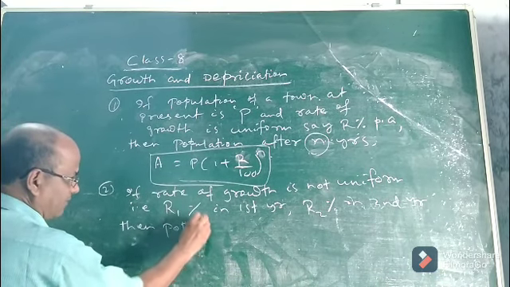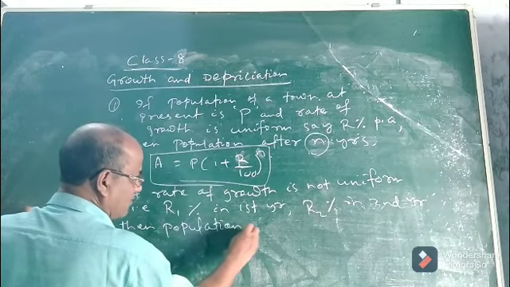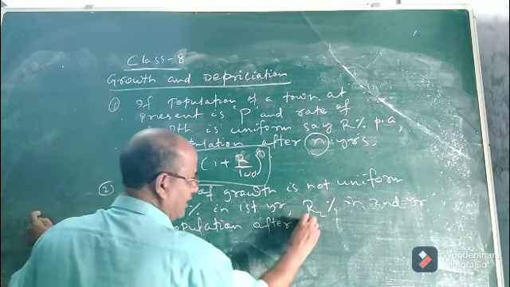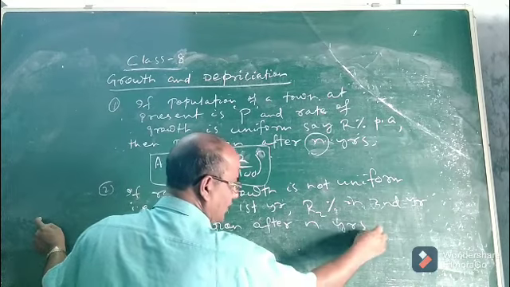Then population after n years. What will be the formula?